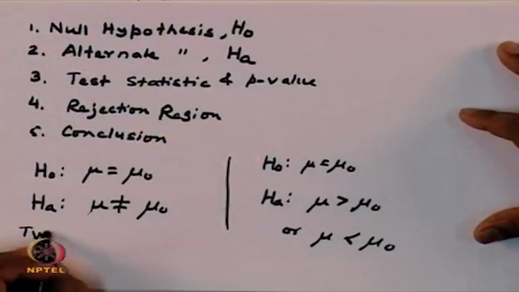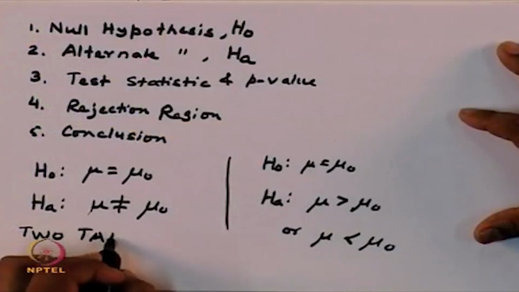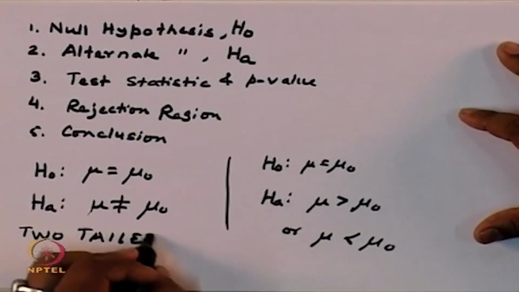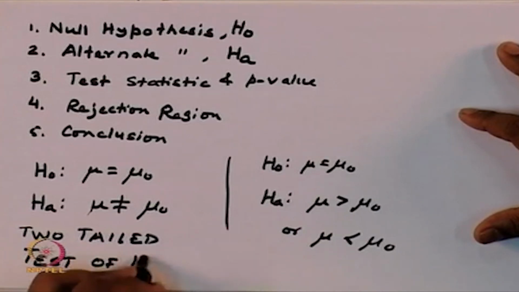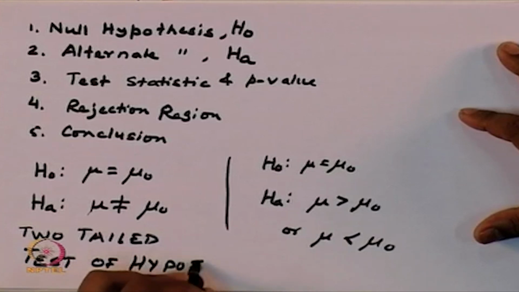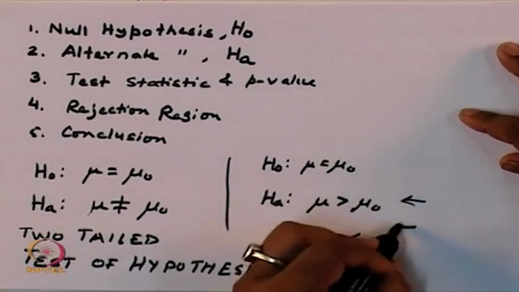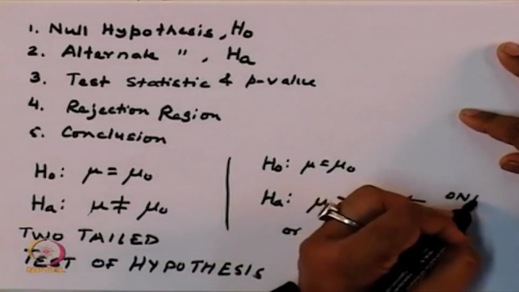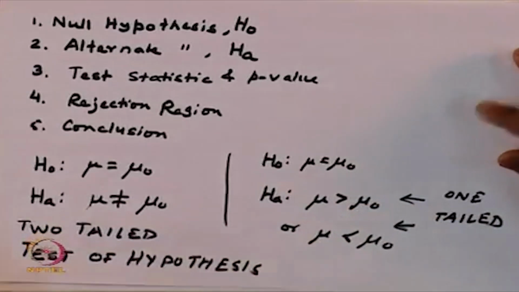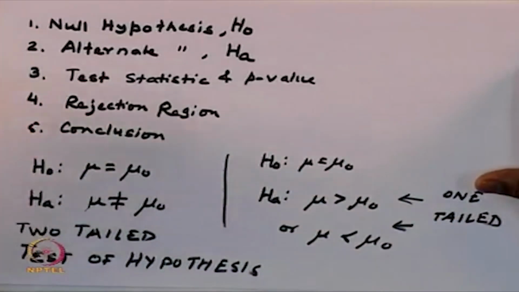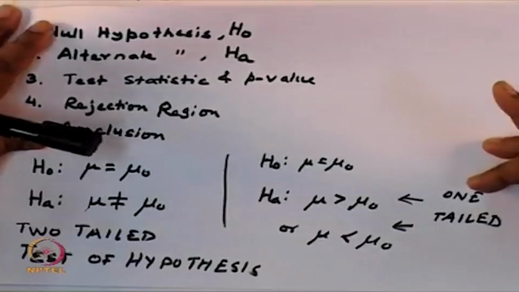So, this test is called a two-tailed test of hypothesis. Versus that, both these cases are one-tailed test of hypothesis. So, when we talk about two-tailed test of hypothesis or one-tailed test of hypothesis, what do we mean?